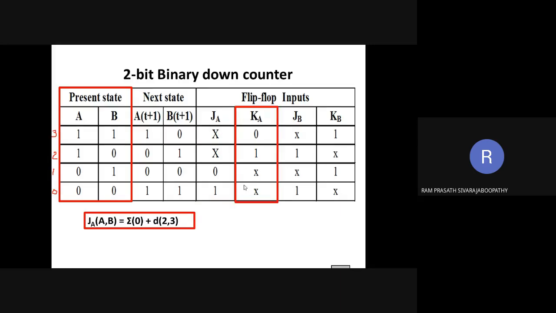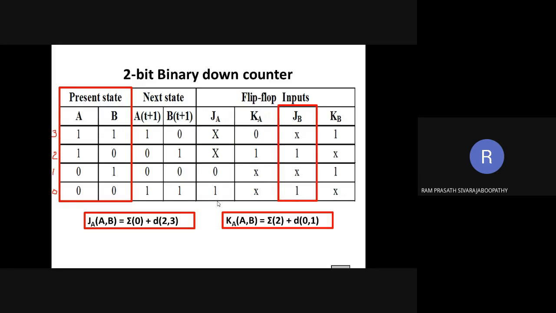Similarly, next KA க்கு என்ன வரும்? What about the expression for KA? Min term 2 க்கு 1 வந்திருக்கு, 0 and 1 க்கு don't care. So sum of 2 plus don't care of 0, 1.